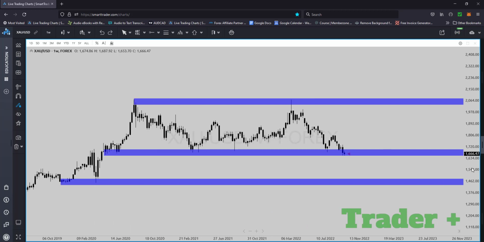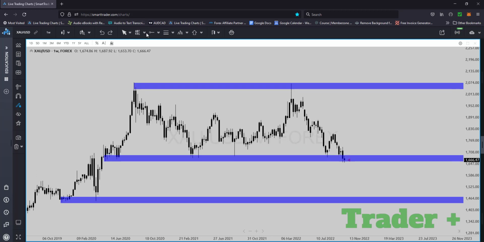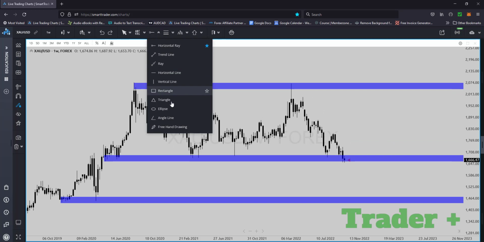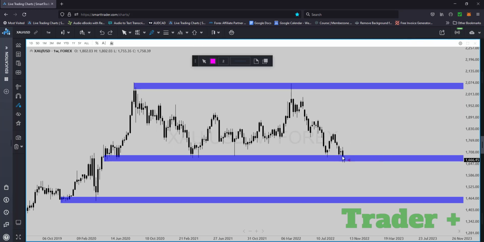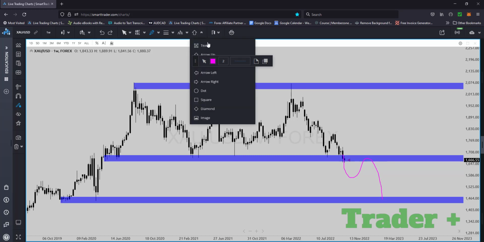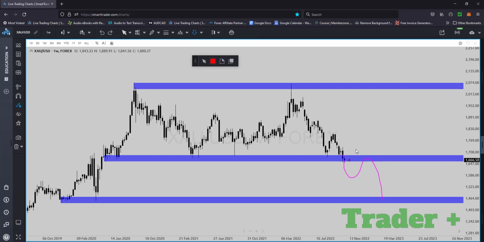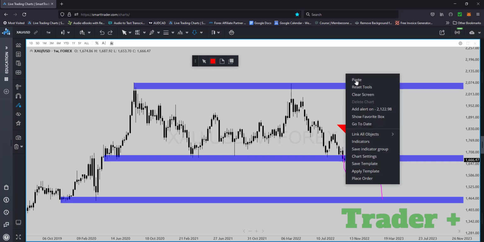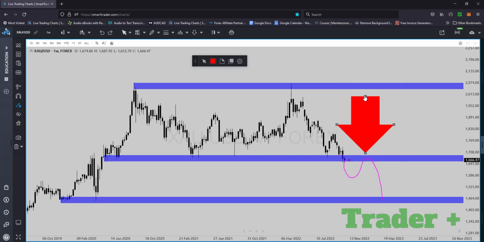If the market finally breaks out, then what I want to see is the market break out of this level, then come back, reject this area, and then fall. That would be the area where I would start looking to sell this market, and it would look something like this. This is where I want to start selling.